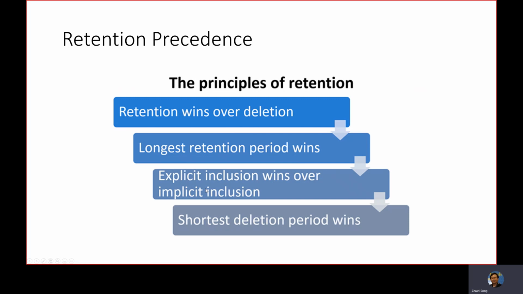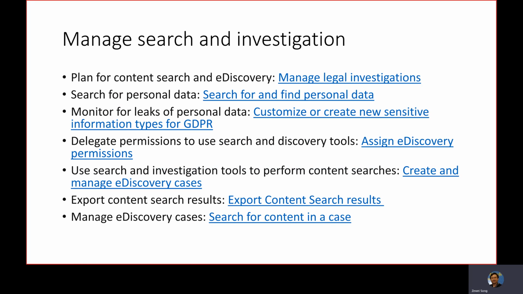It will always honor the manual selection. So if an item has already been labeled manually, auto label will not change that. If everything is a deletion policy, then the shortest deletion period will win. Okay, I have to speed up because I only have 15 minutes.